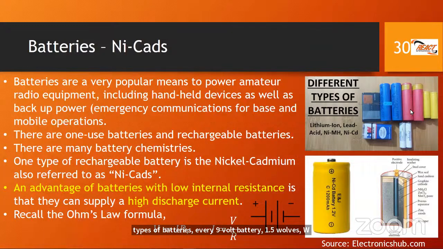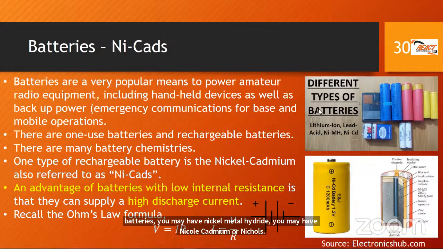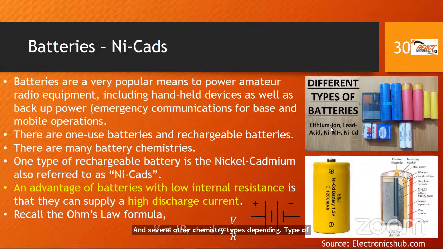And batteries may have different types of chemistries. So you may have lead acid battery, lithium ion batteries, nickel metal hydride, nickel cadmium or NiCads. And several other chemistry types depending on the type of cells that are used to create the battery, right?